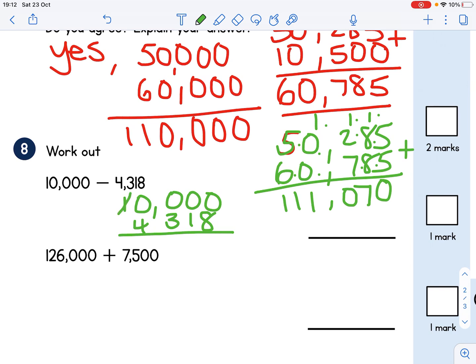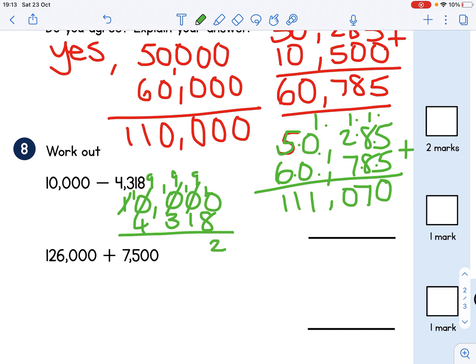So I need to borrow all the way from here. So that becomes 0 now. I can put it to my neighbour. That becomes 10. I'm going to borrow from here, so that becomes 9. Put my 1 here, so it becomes 10. Borrow again, so that becomes 9. And that I can put my 1 here, so it becomes 10. And I need to borrow 1 last time, so that becomes 9. And this becomes 10.